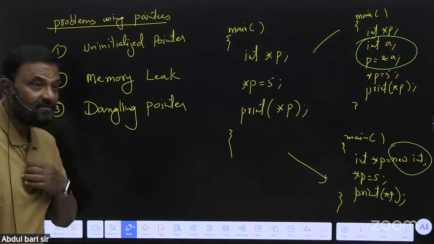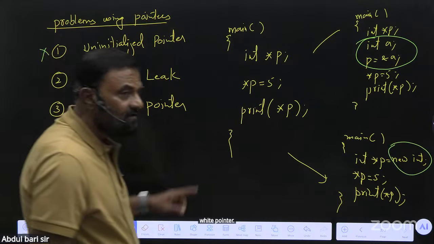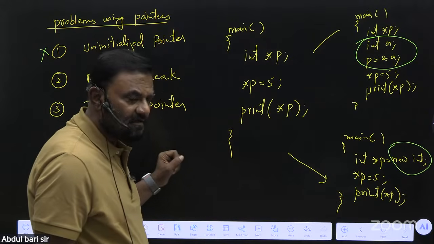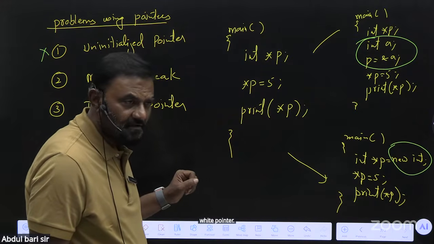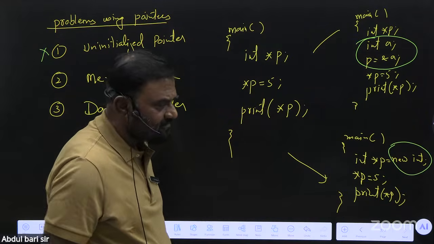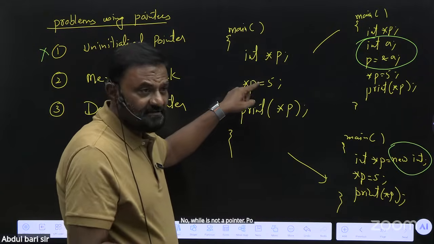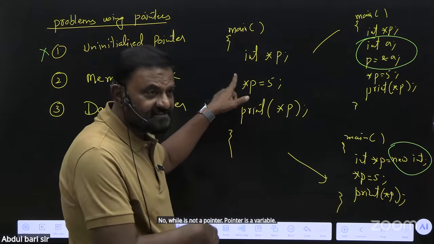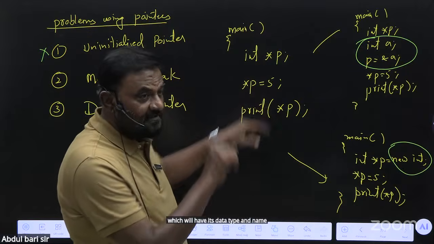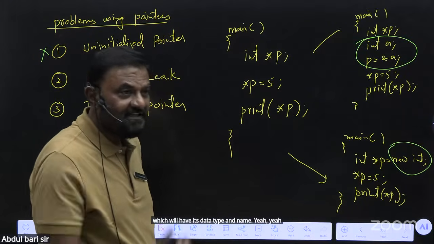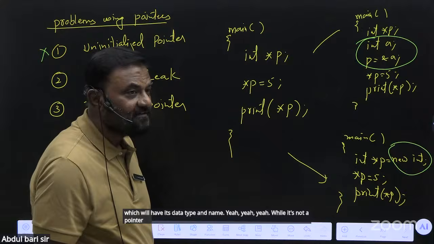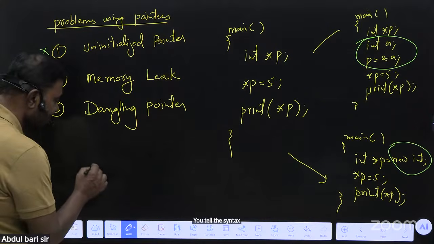Void pointer. No, while is not a pointer. A pointer is a variable which will have its data type and name. Yeah, while is not a pointer, I am saying. You tell the syntax.